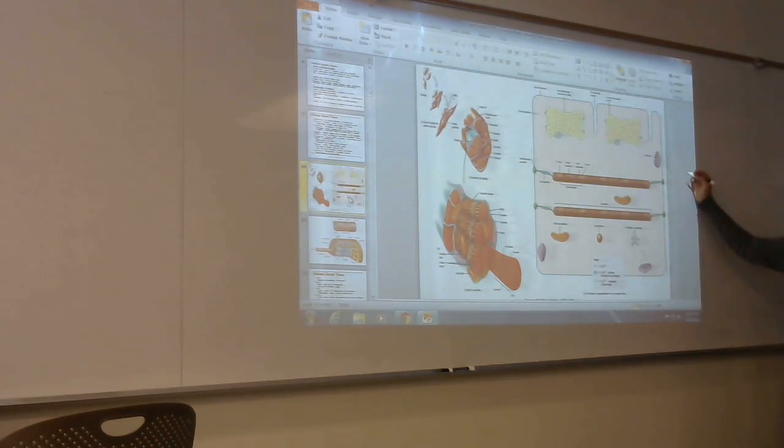And I want you to know the two important muscle proteins, actin and myosin. Actin is your thin filament. You remember from chapter 3, your microfilaments? These are your filaments.